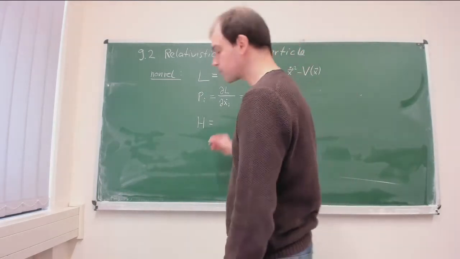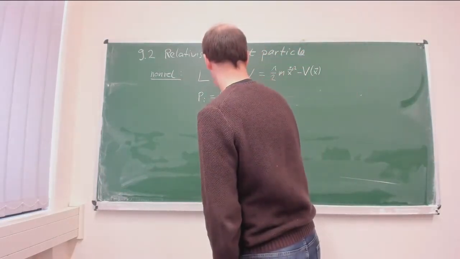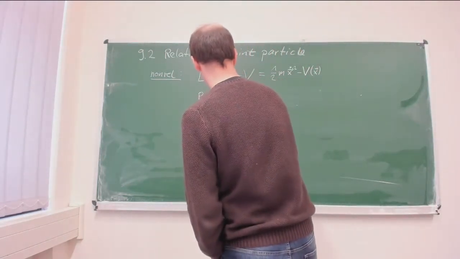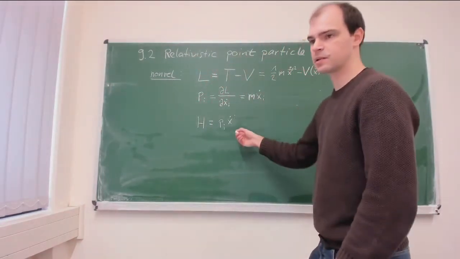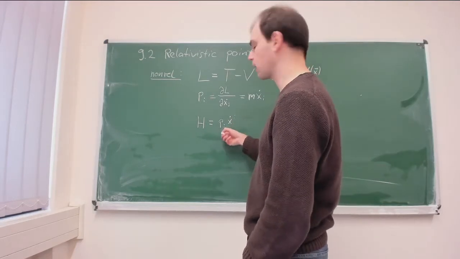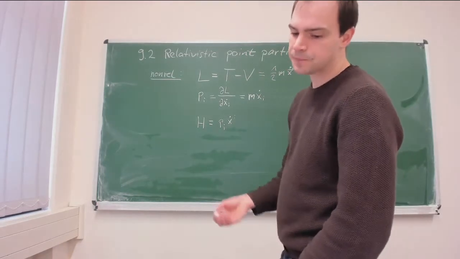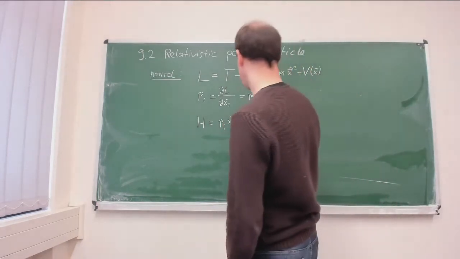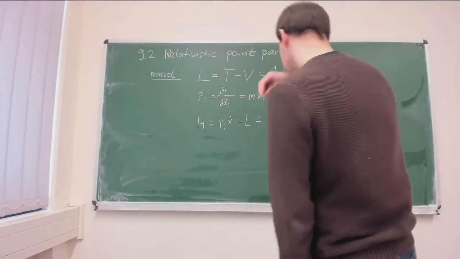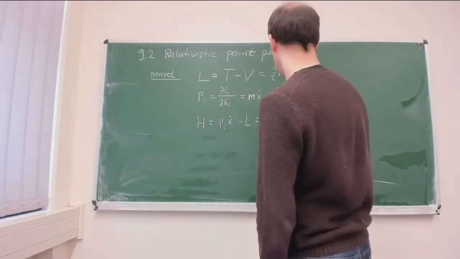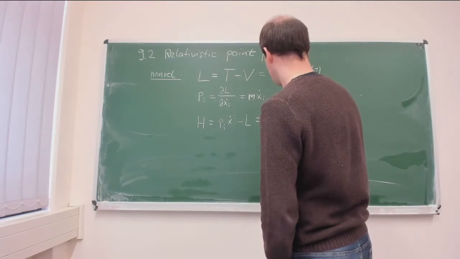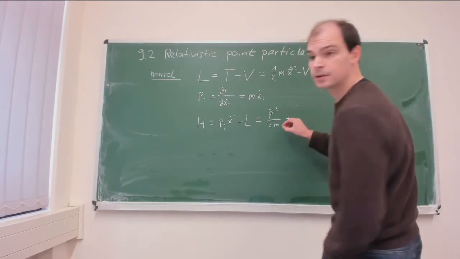So this is p_i x_i dot, where I use the summation convention again, so we have to sum over i from 1 to 3 here, minus L. And this again we can calculate, and we get the well-known expression: p squared divided by 2m plus V of x.